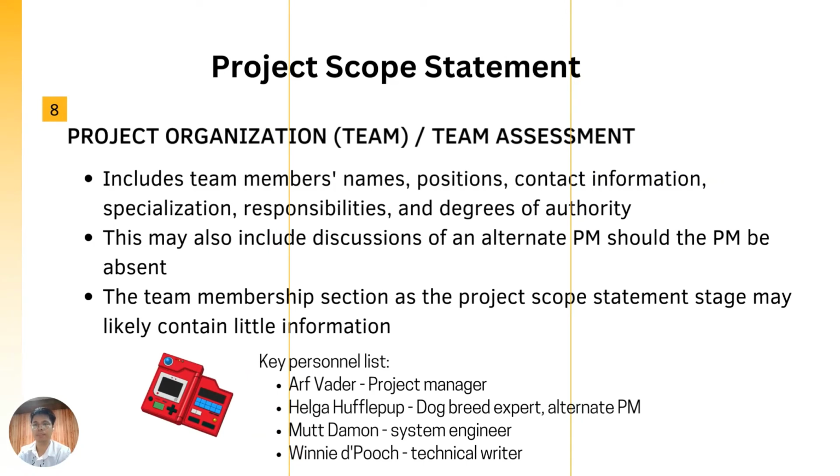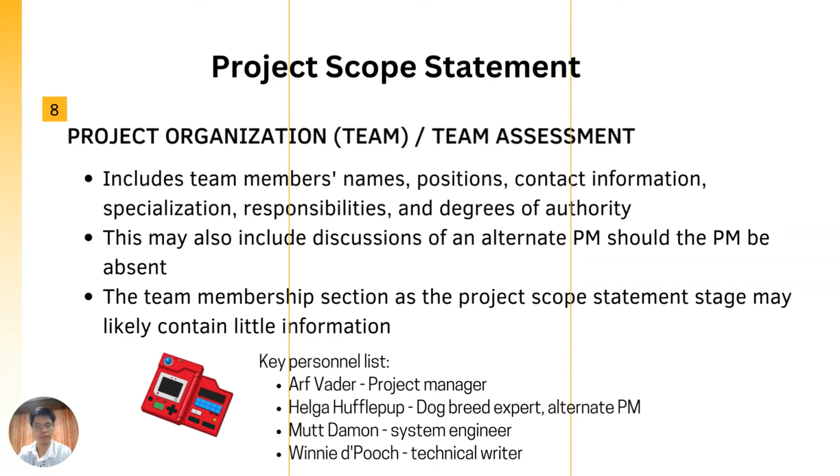Eighth step, project organization or the team assessment. The team membership section of the project scope statement will likely have very little information at this stage, since the project is not yet completely defined. Project organization and team assessment information include the team member's name, contact information, and position.